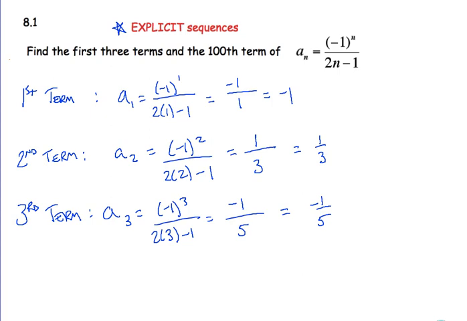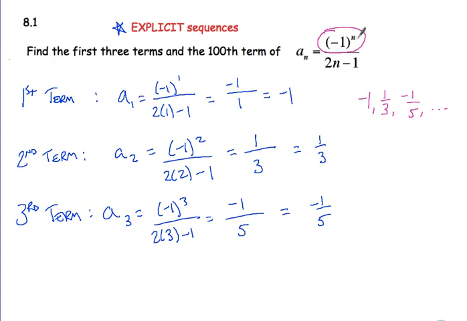One thing I just want to point out, do you notice how if I write this list of numbers, I would have negative 1, comma 1/3, comma negative 1/5, etc. When you notice alternating negative, positive, negative, alternating signs, likely it is because you have a negative number raised to a power. So when that power is even, a negative number to an even power is positive.